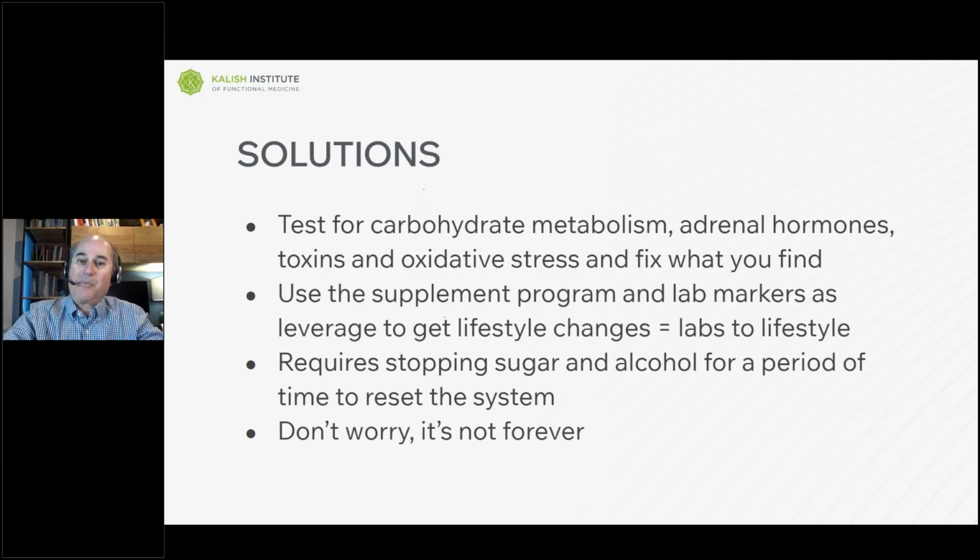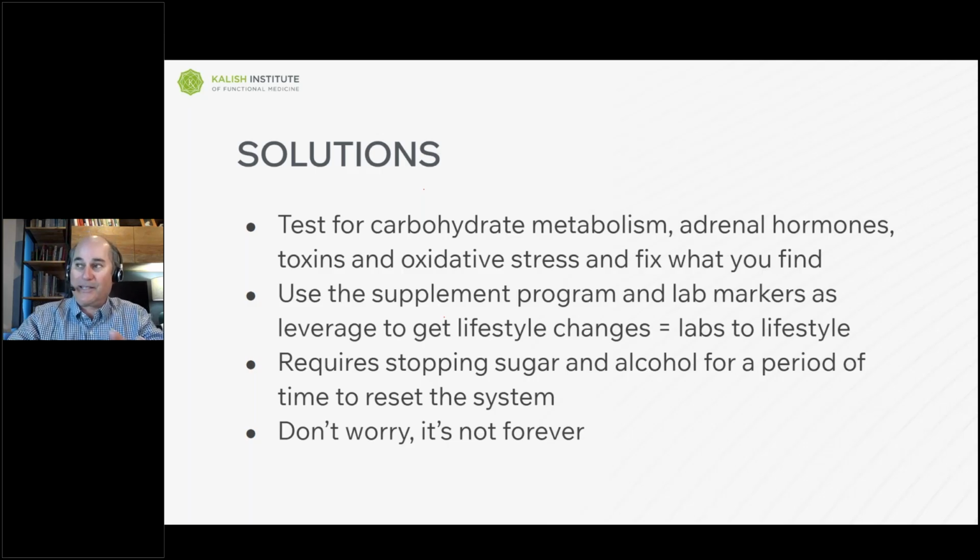I call it labs to lifestyle: you use the supplement programs to get some leverage over that person so that they can change their life. The lab marker that shows they're not burning fat leads you to talk to them about what a healthy diet should be.